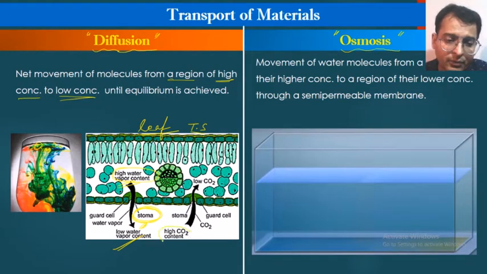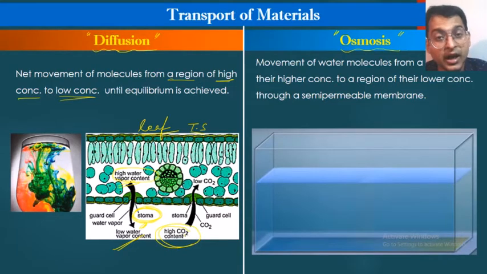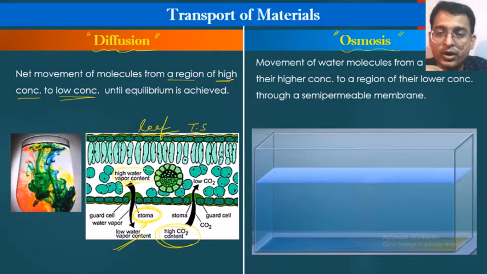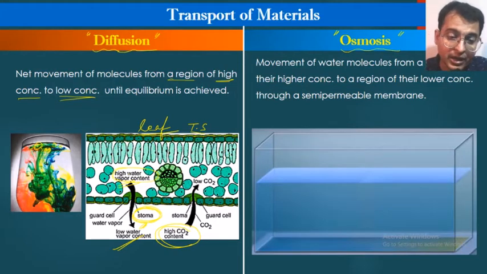The level of carbon dioxide in the atmosphere is higher than that inside the leaf. Correct? Because you know very well that plants, by photosynthesis, produce oxygen. Okay, they require the carbon dioxide. So how can the leaf get the carbon dioxide? The concentration of the carbon dioxide in the atmosphere is much higher than inside the leaf.